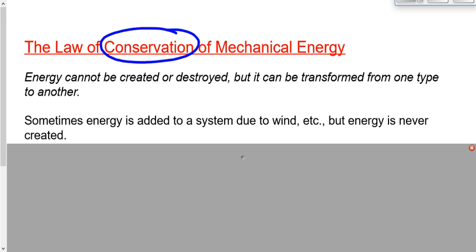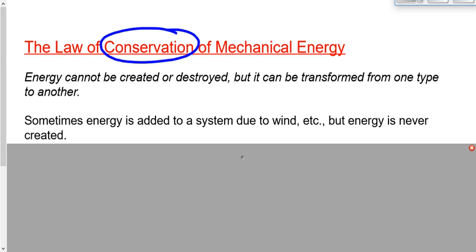Now sometimes there is energy added to the system from wind or from an applied force, or in 2.5 weeks when you do your physics of amusement park field trip, you go up that roller coaster, that 50-meter high hill on the Mindbender roller coaster.